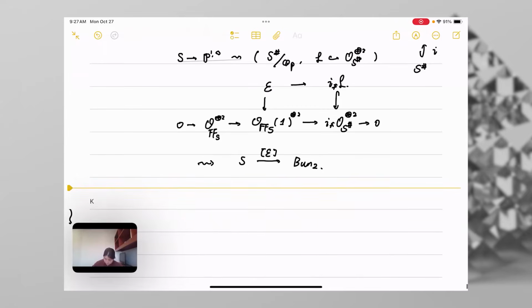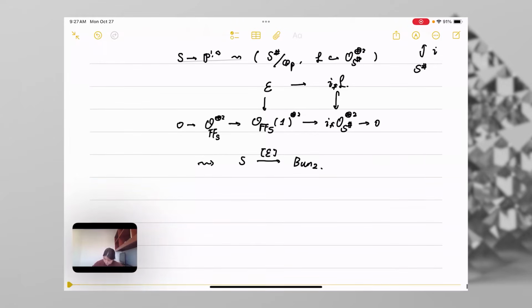So this map is called a Beauville-Laszlo map because from this construction, we see that the middle term is a modification of the trivial rank 2 bundle using a procedure that is close to Beauville-Laszlo gluing along this divisor.